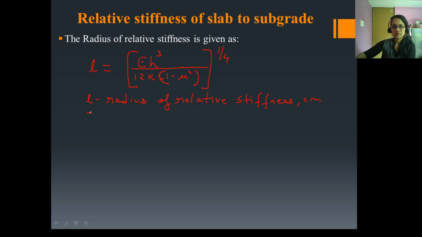Then E is the modulus of elasticity of the cement concrete, which is given in kg per centimeter square.